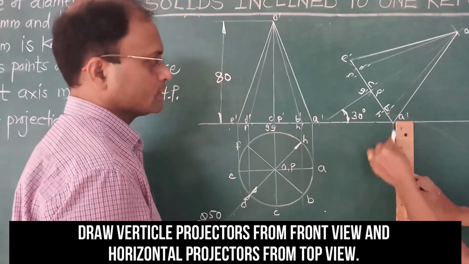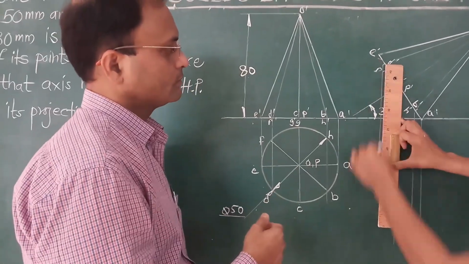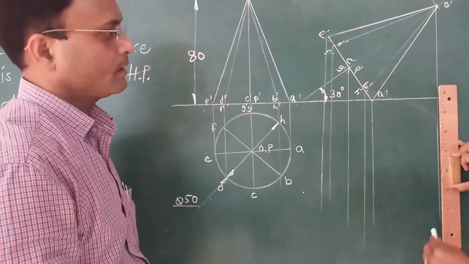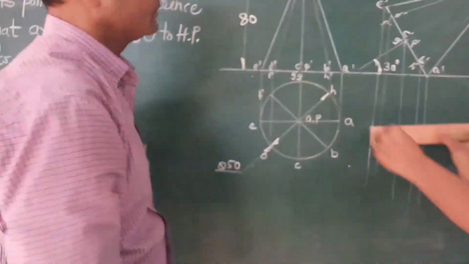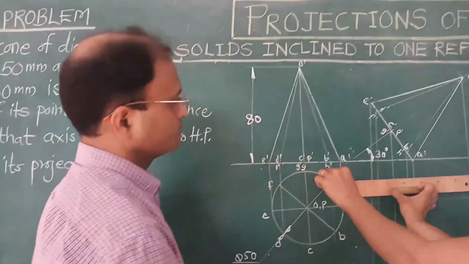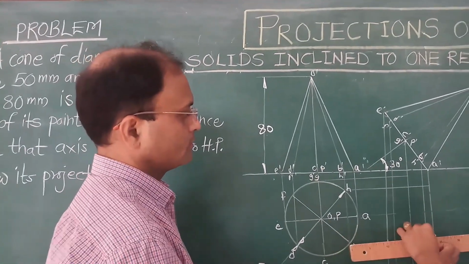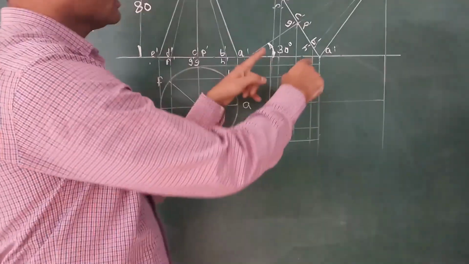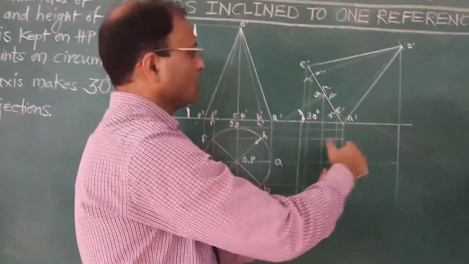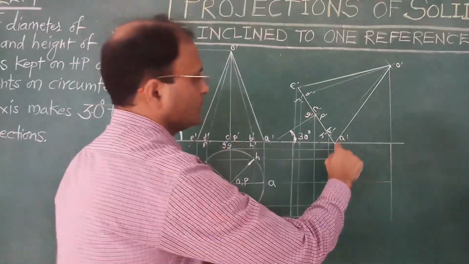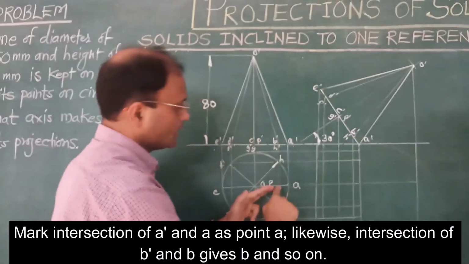First we have to draw all the projectors from front view. Now through the points in top view we have to draw horizontal projectors. These are the projectors from all the points from front view and projectors from top view. Now we have to locate the points. Like if you want to locate point A in top view, it is at the intersection of A dash from front view and A from top view.